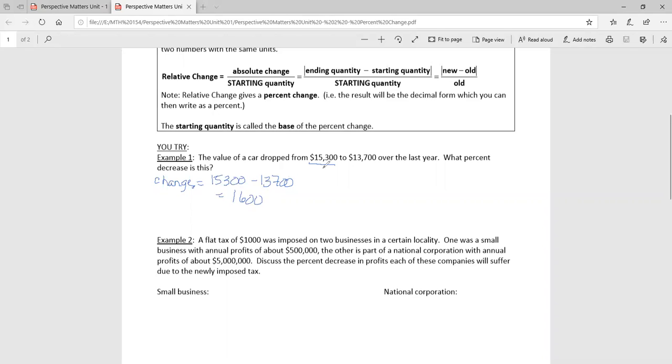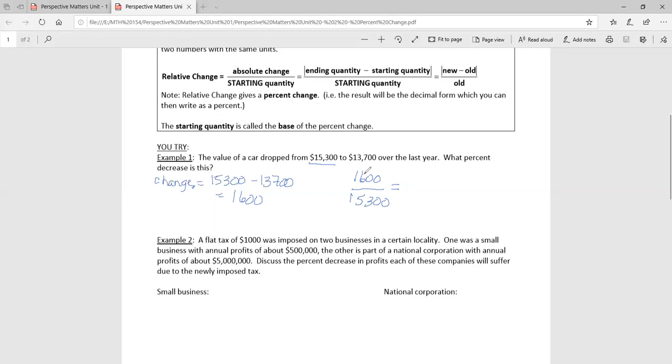Now the question is, what's the base or the starting quantity? Think of it in years. What was last year's price? It dropped from 15,300 to 13,700. So over here, it's going to be out of 15,300, and then it asks us for a percent.